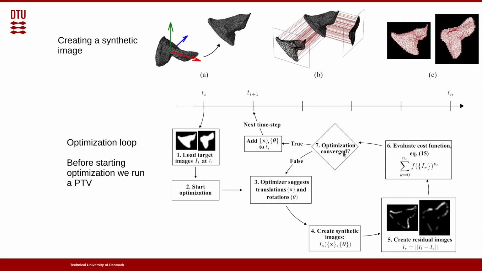If we think this cost is low enough, then we say this position and orientation must be added to this time step, and then we move on to the next. If we haven't converged, then we say, okay, optimizer, give me a better guess. That means we iterate through this some number of times before we get an acceptable answer. So what it's about is we're trying to run an optimization comparing the target images to these synthetically generated images.